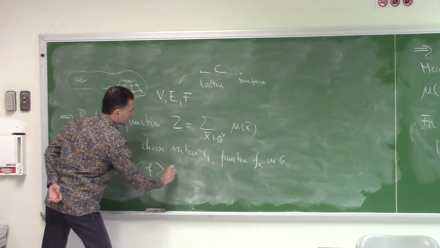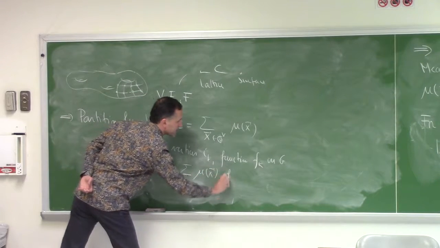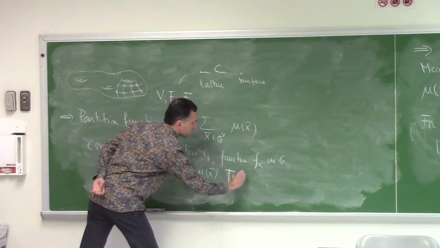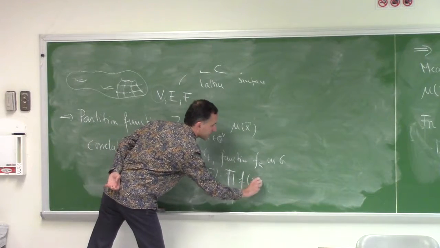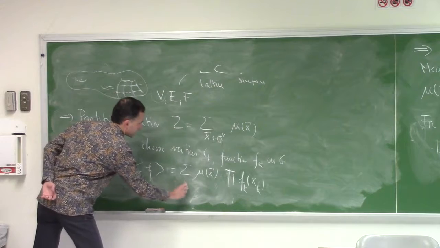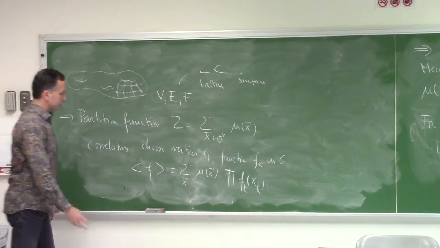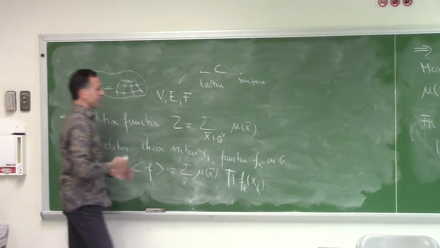This will be called unnormalized correlation, the same sum, so measure, but now of course weighted by the product of the functions at the values of x_i, f_k of x_k. So sum over x, averaging the possible values with respect to the measure.